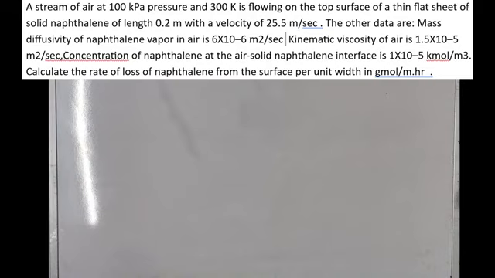The kinematic viscosity of air is 1.5 into 10 to the power minus 5 meter square per second. The concentration of naphthalene at the air-solid naphthalene interface is 1 into 10 to the power minus 5 kilomole per meter cube. We have to calculate the rate of loss of naphthalene from the surface per unit width in gram mole per meter per hour.